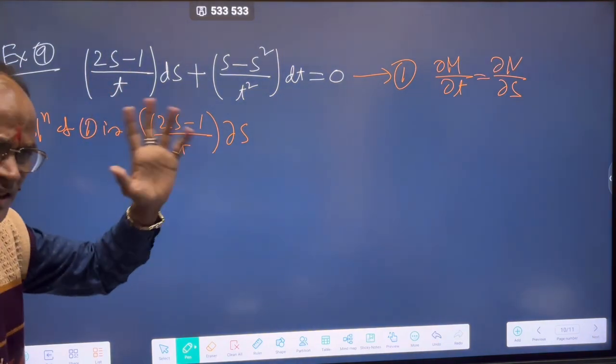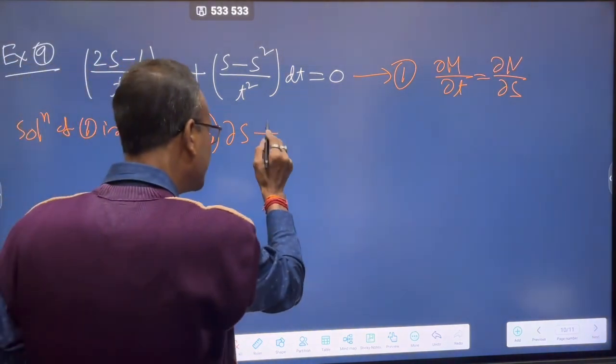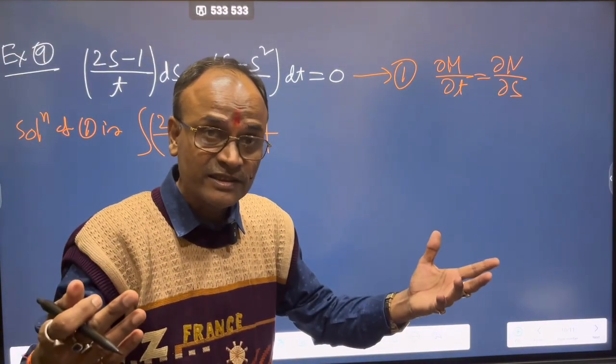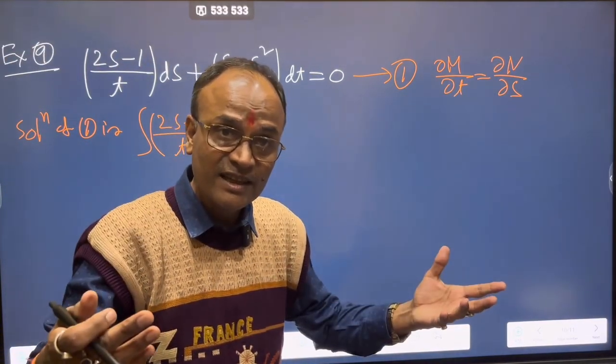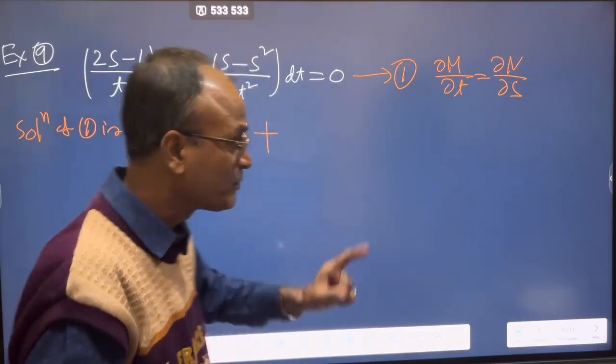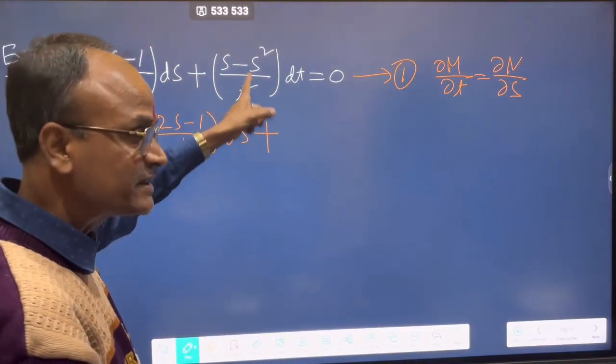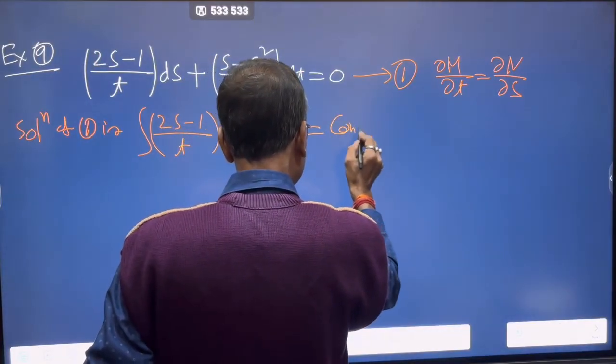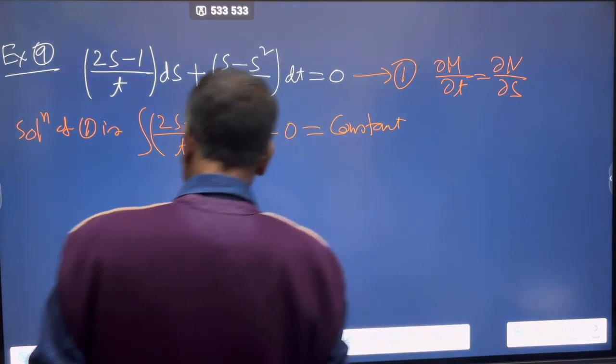Plus, taking only those terms in m which do not contain s, which are free from s. No term is there, therefore 0 equal to constant.